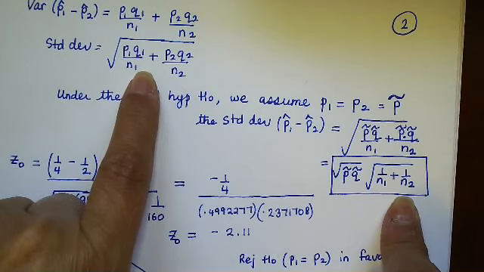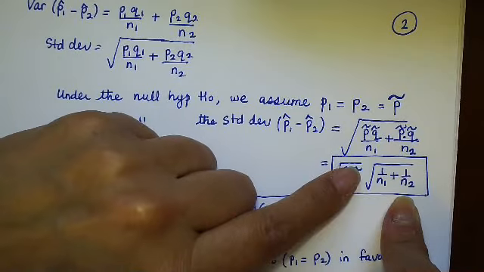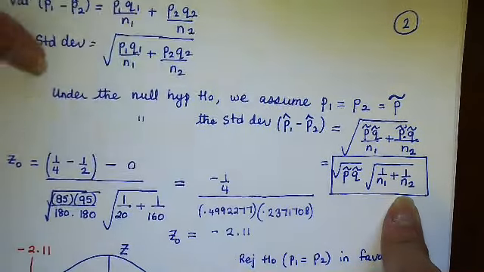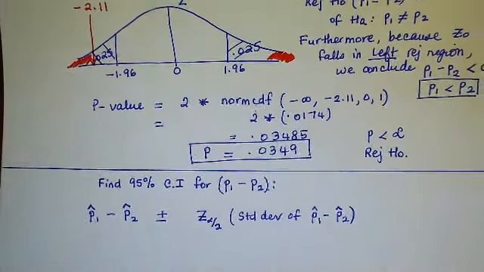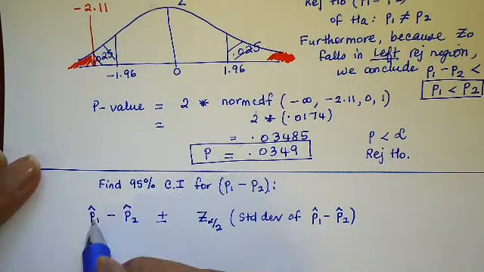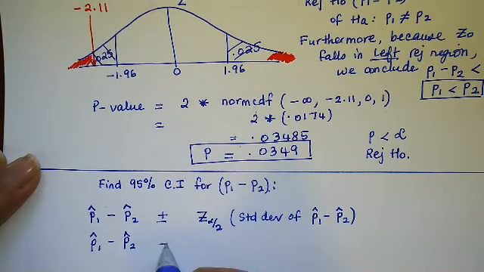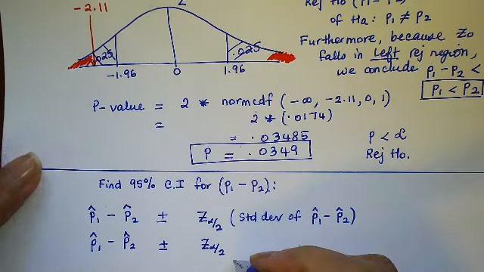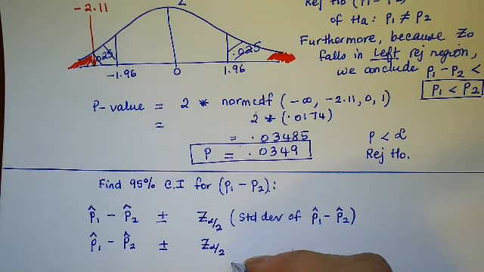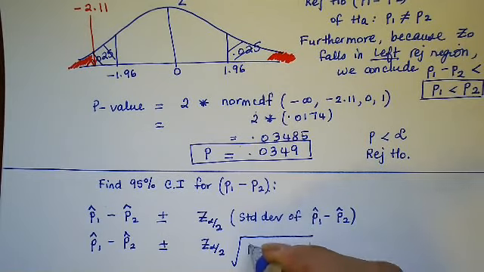Not the standard deviation under the null hypothesis, not this one, but rather this one, P1 Q1 over N1 plus P2 Q2 over N2. This is only in the case where the null hypothesis is true, and we do not assume that when we're doing confidence intervals.